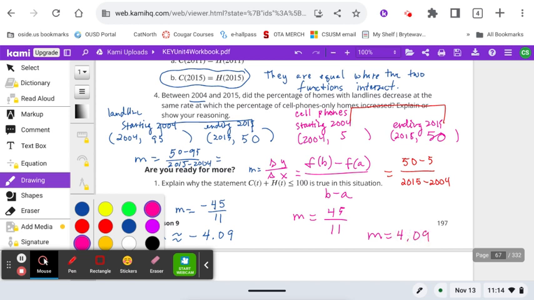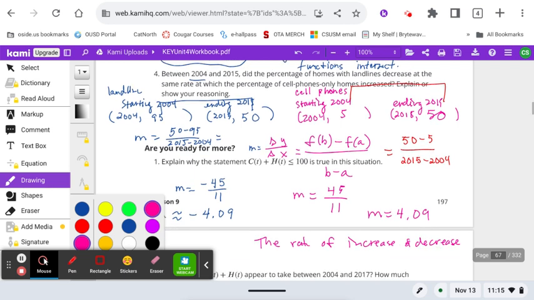So notice that the rate of increase and the rate of decrease is the same on that interval. And that's from 2004 to 2015.